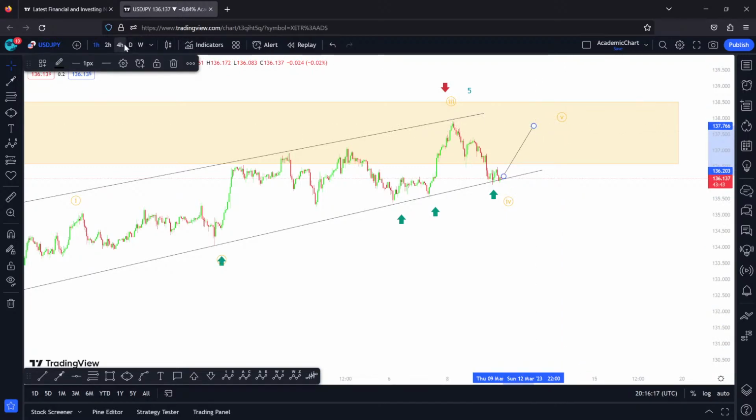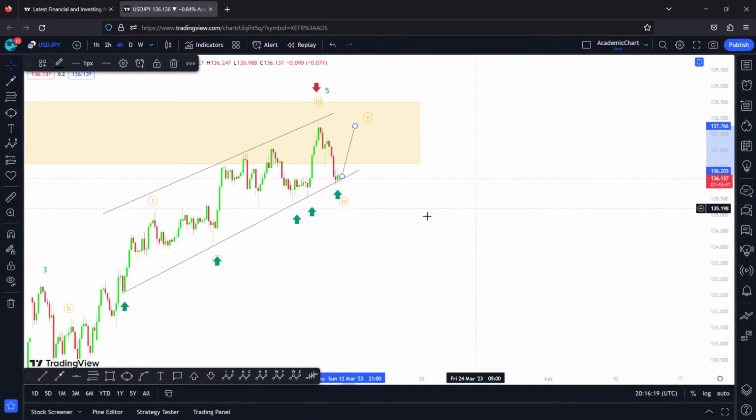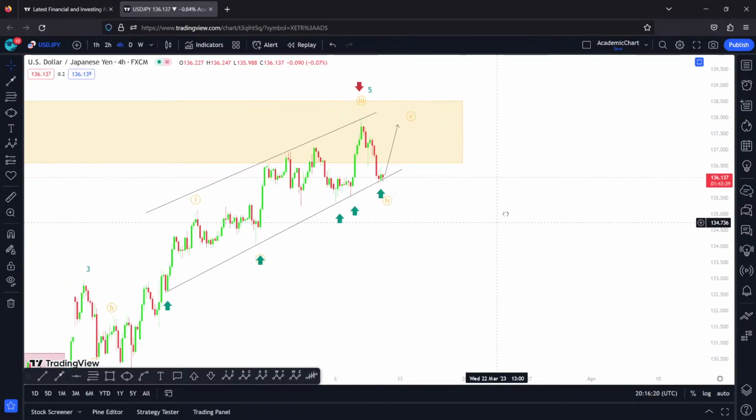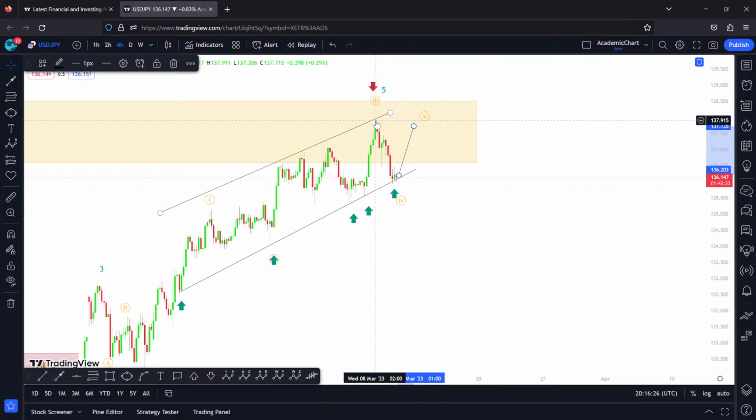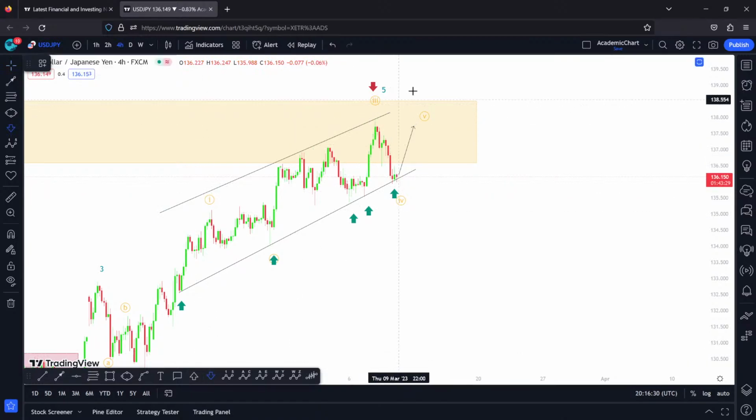Let's go back to the 4 hour. So much detail here. The fifth wave, a minute wave, might happen maybe to the same level up here, and then it will create a double top pattern. It also might be to the previous level somewhere here.